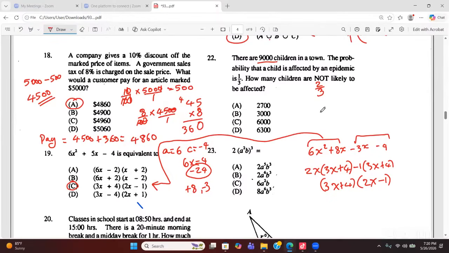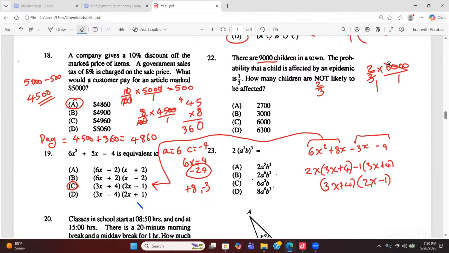So 2/3 of 900. Y'all know it's 600 already, but I still gotta break it down. So 3 into itself is 1, and 3 into this. My bad, this is 9. Did I write 6? I wrote the answer. Hold on. 9,000, the answer is 6,000.